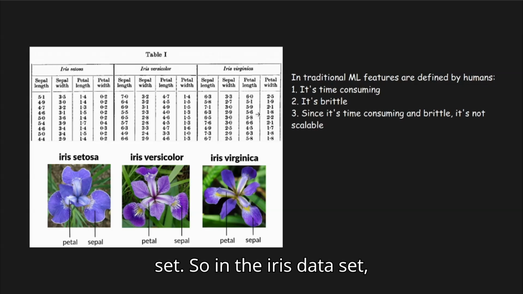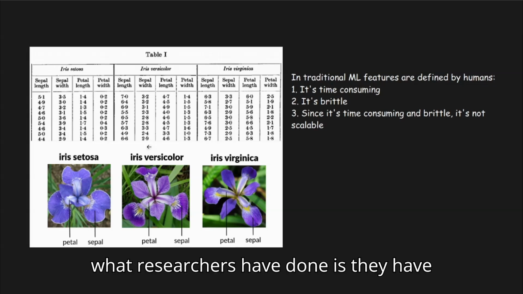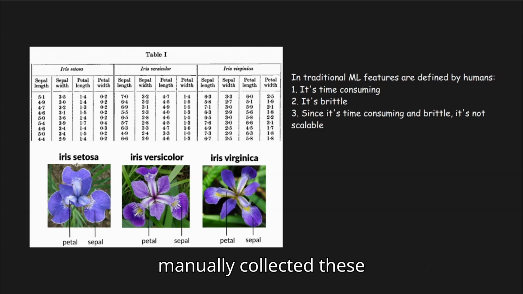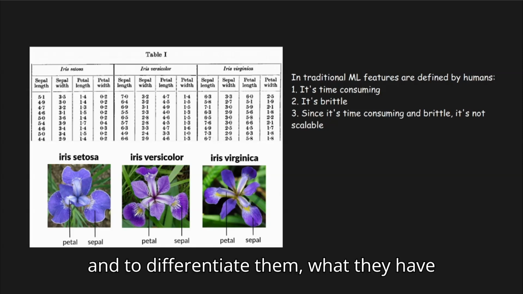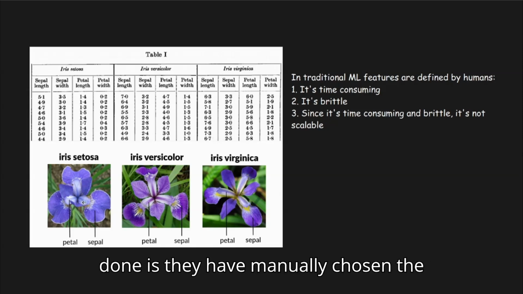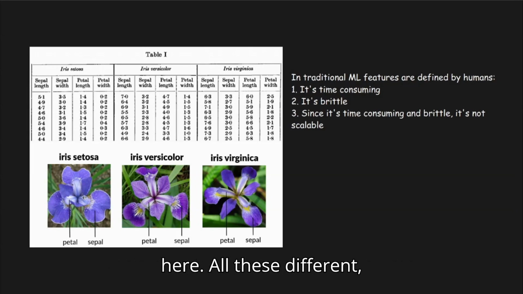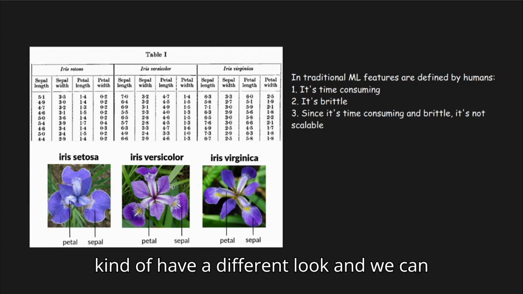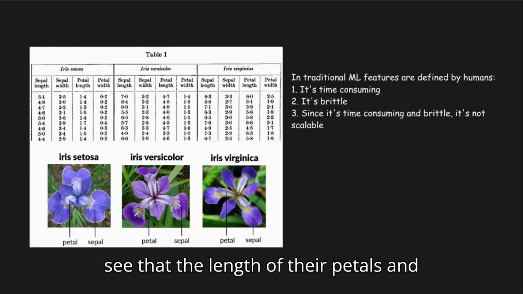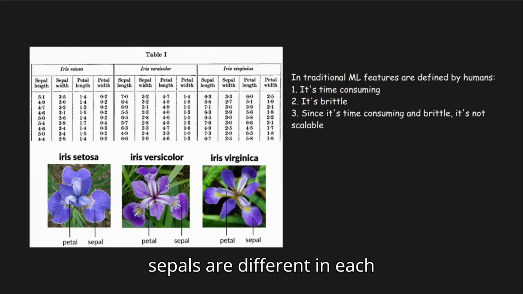In the iris dataset, researchers manually collected samples of iris flowers, and to differentiate them, they manually chose the features. You can see the pictures here. All these different species of iris have a different look, and the lengths of their petals and sepals are different in each one.